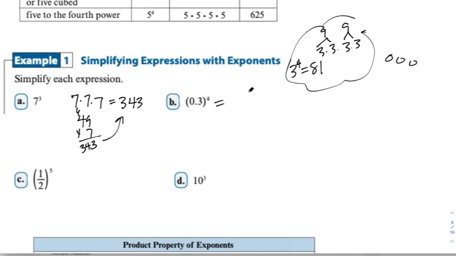So I know if I'm multiplying 0.3 times 0.3 times 0.3 times 0.3, it's going to be a lot like multiplying 3 times 3 times 3 times 3 together, because 81 is going to be a part of it, but I've got to count the decimals. 1, 2, 3, 4. And so I'm going to have 81, but I'm going to move that decimal over 4 times. So that's 1, 2, 3, and 4. Put my zeros in here.